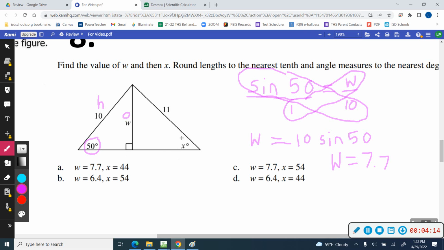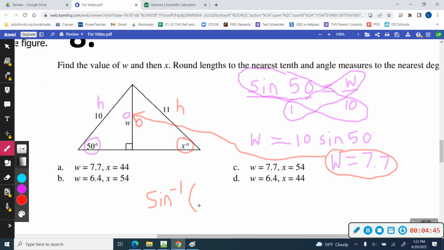Alright, now what we're going to do is we're going to find x, which is our angle. And so this is going to now be our reference angle. This is still opposite, and this is going to be hypotenuse. And remember, we know what W is now. W is 7.7. So how do I find an angle? That would be the inverse of sine. And opposite is 7.7.